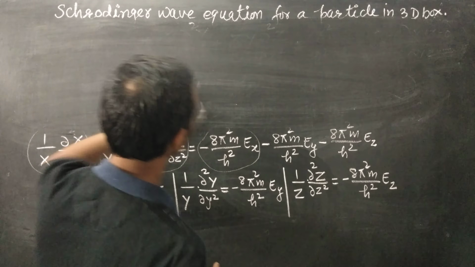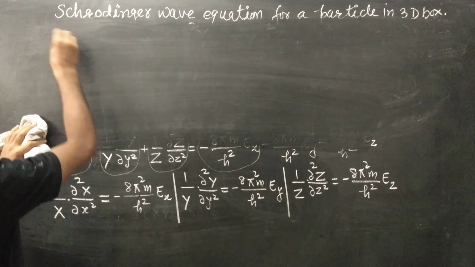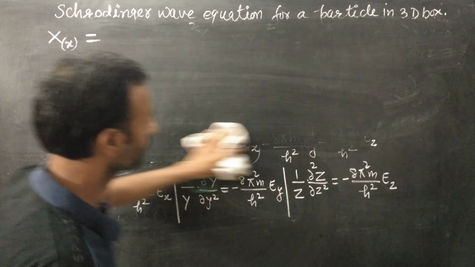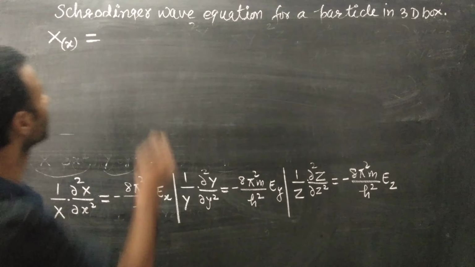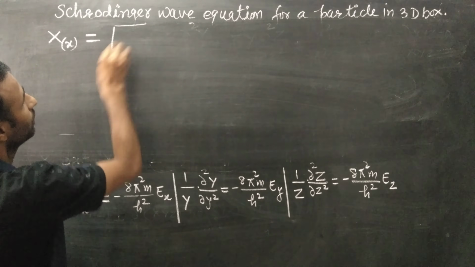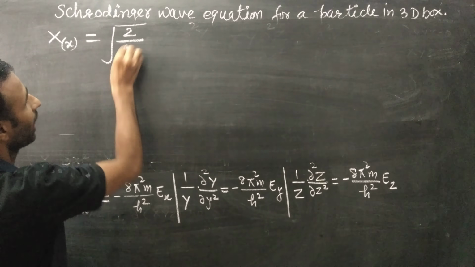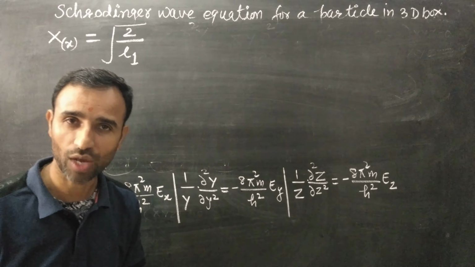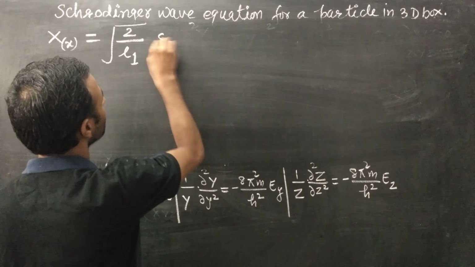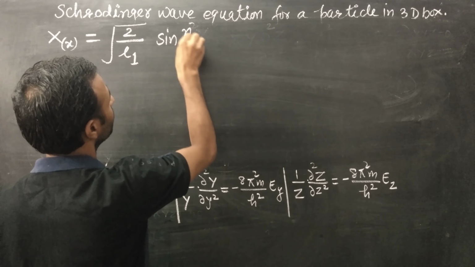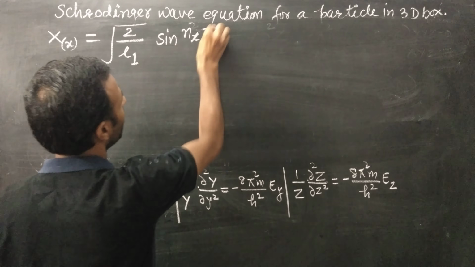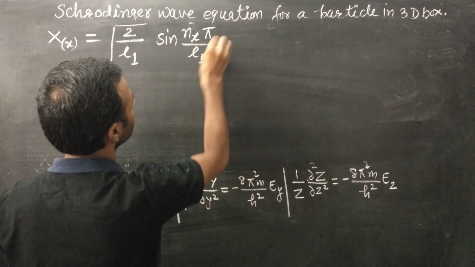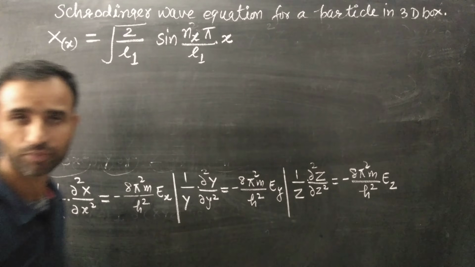So according to that, the wave function psi x is equal to under root 2 by L1. See, along the x-axis, length is taken as L1, into sine n_x pi upon L1 into x.